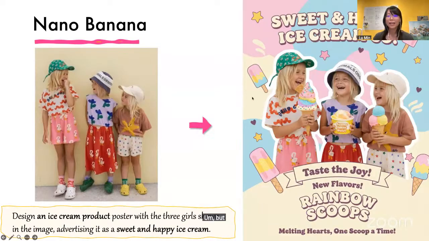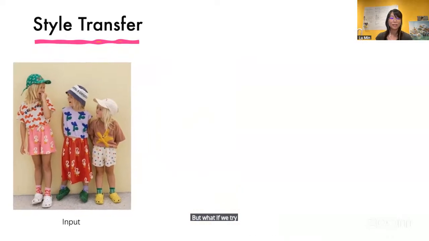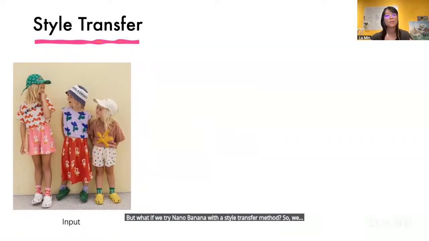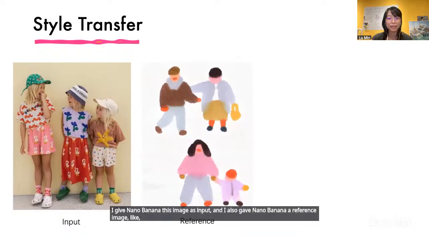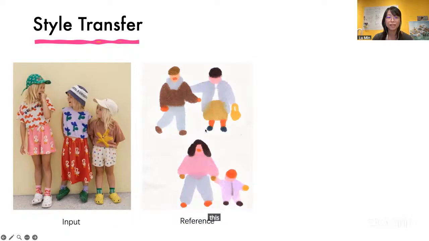But this is an image generation example driven by text condition. What if we try Nano Banana with a style transfer method? I give Nano Banana this image as input, and I also give it a reference image like this. Here I use an illustrative style.